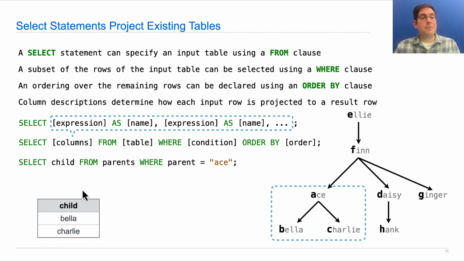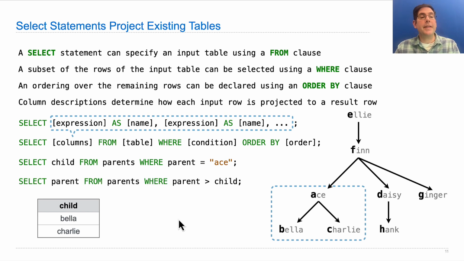So to revisit what's going on, we pick a table to start with. This original table had a lot of rows. Only two of those rows had a parent value of Ace. When I write parent, I'm using the name of one of the columns in the parents table. Child is also the name of a column in the original table. And the reason I only see child in the end is that that's all I selected. That was the column description that I provided.